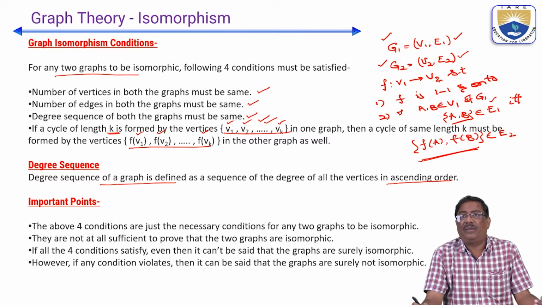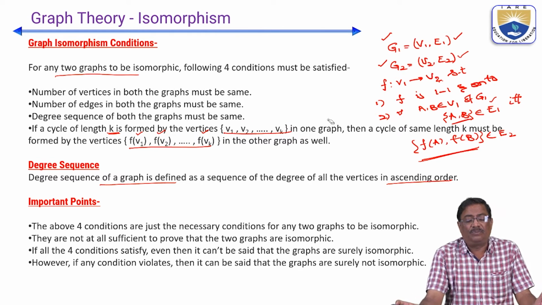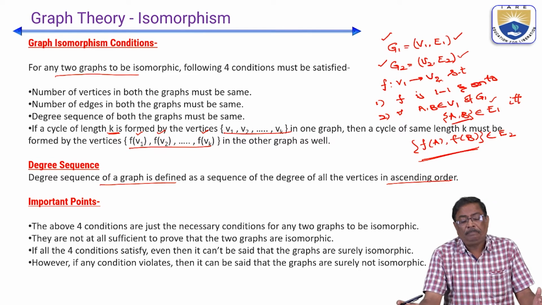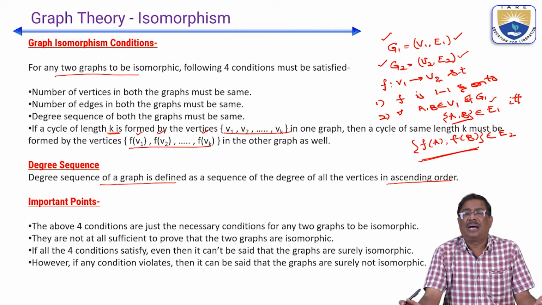This is the way all four conditions are satisfied, and then we can say that the graphs are isomorphic.